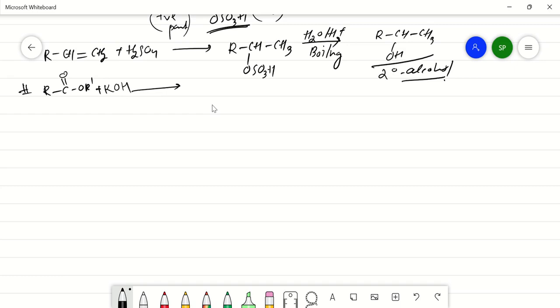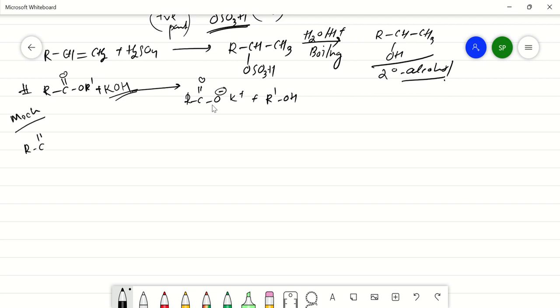If we directly react it with KOH or a weak base in aqueous solution, it will produce RCOO'K plus and R'OH. Okay, let us see how this will react. Let us see the mechanism.